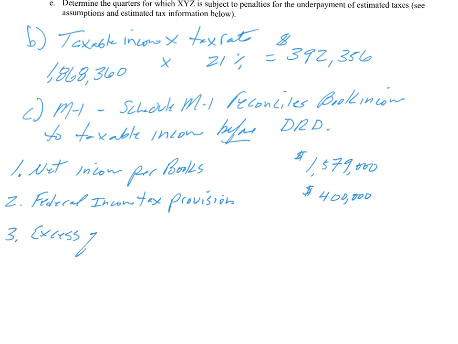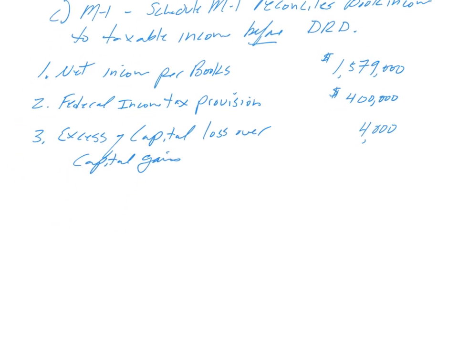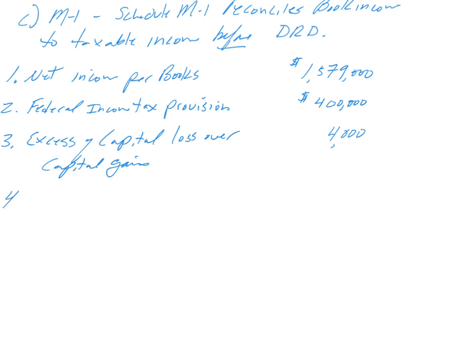All right, so then 3, we have our excess of capital losses over capital gains, okay? And so now we're just pulling out these items before. And then any income subject to tax that was not recorded on the books.